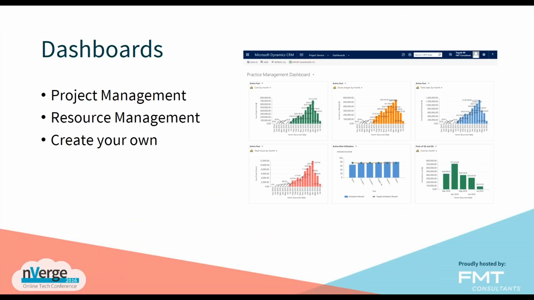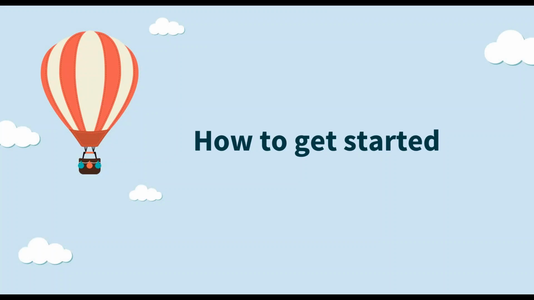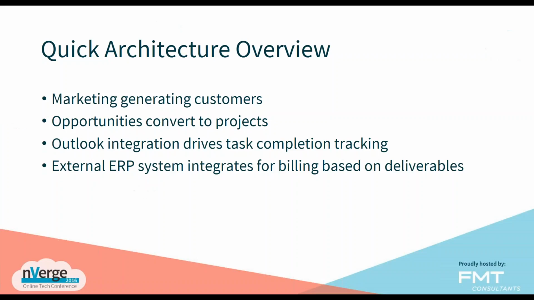So let's take a look at how to get started. A quick architecture overview starts the process off with marketing. This is the funnel that brings in all the new leads, which then become opportunities, which then become projects.